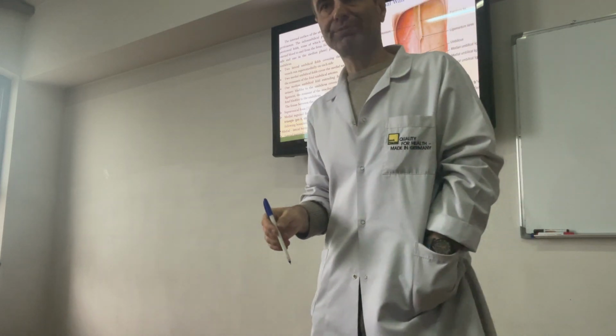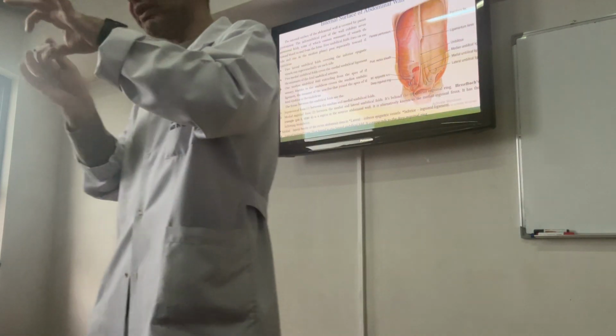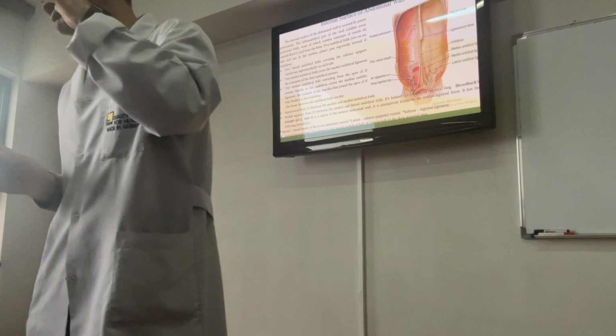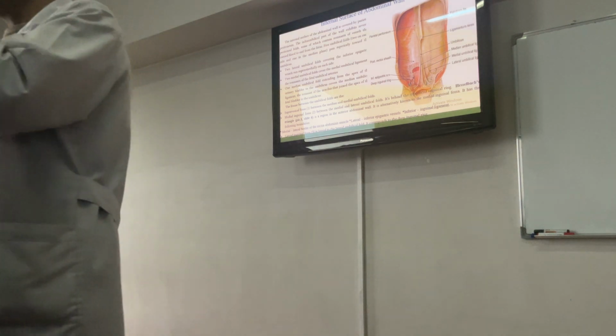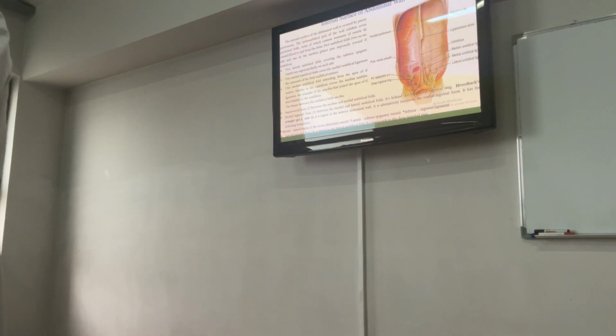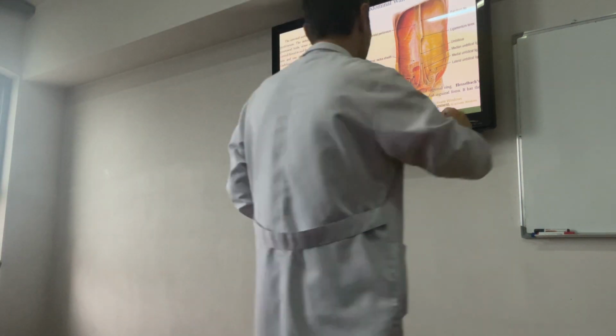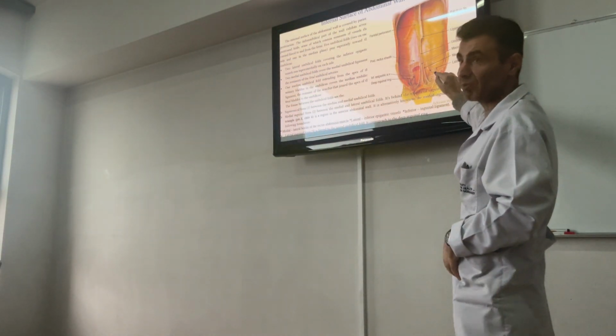If I insert it into depression 3, after perforating the parietal peritoneum, my needle will immediately pass through the deep ring of the inguinal canal, because the deep ring is projected here, in depression 3.